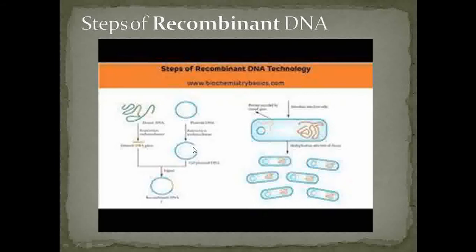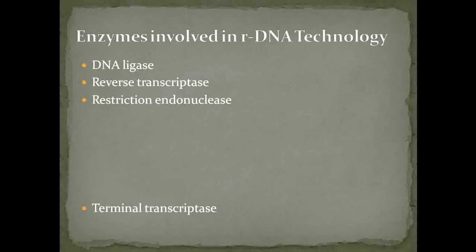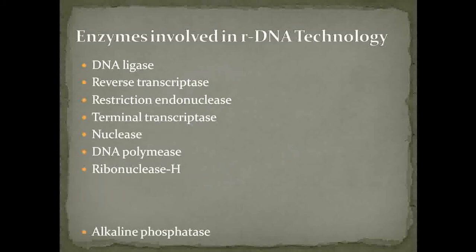of that plasmid we require different types of enzymes. For the multiplication of that DNA we require different types of enzymes. So it is not an easy task to make a recombinant DNA. So now we are going to study the different types of enzymes which are involved in DNA technology.